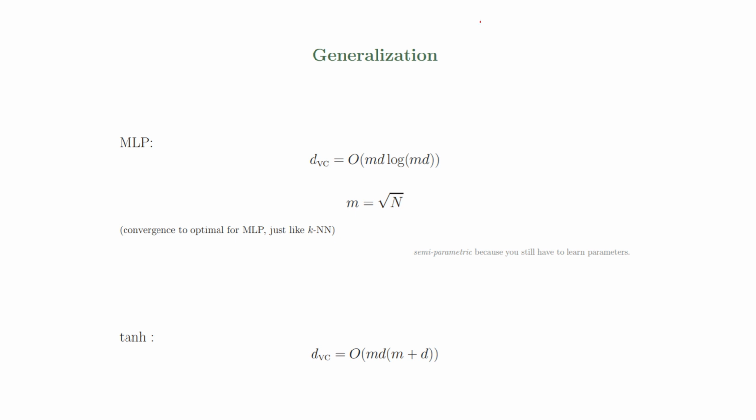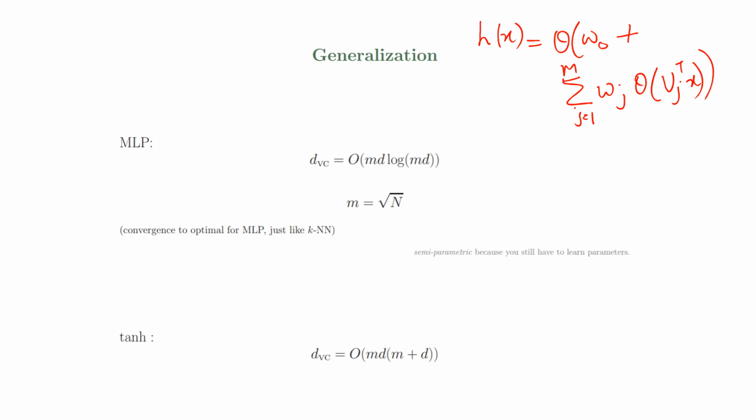And by the way, my h(x), I just want to rewrite it, is theta of w_0 plus the sum over all the m nodes, w_j theta(v_j), where the v_j's are the perceptrons in the very first input layer. So this is what I have. What I'm looking at here is first the MLP, or the multi-layer perceptron, and the second thing is the tanh function.